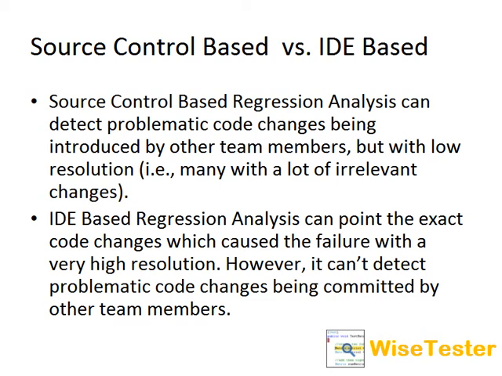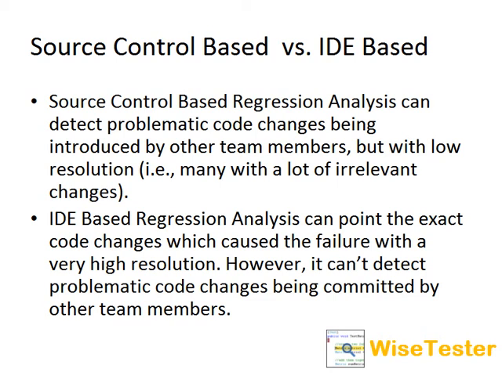Briefly, the advantages and disadvantages of each one of these variations. Source control based regression analysis can detect the problematic code changes being introduced by other team members. This is its advantage, but the resolution is low. It only gives you the change set.